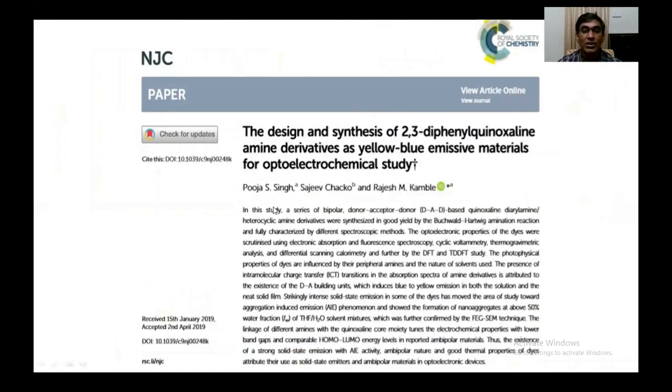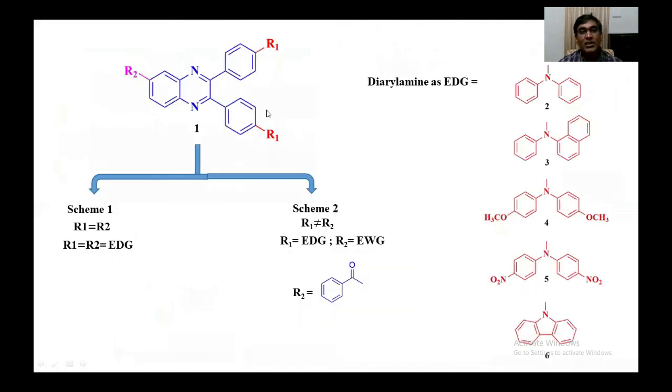Now similarly, in the second scheme, using the same central electron acceptor, quinoxaline, we have on this side the R1 groups, which are electron donors like diphenylamine, naphthylphenylamine, diphenylamine having methoxy and nitro substitution, and carbazole.